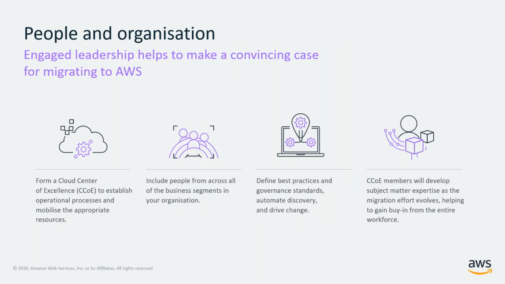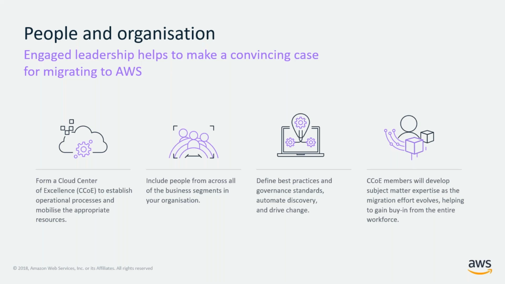The second pillar, as I mentioned, is people and organization. People are the most important factor during the cloud migration, because after all, they're going to be executing the migration. It's really important to create what we call a Cloud Center of Excellence, or CCOE, because the CCOE will include all the people across the organization who are going to be executing the cloud migration.